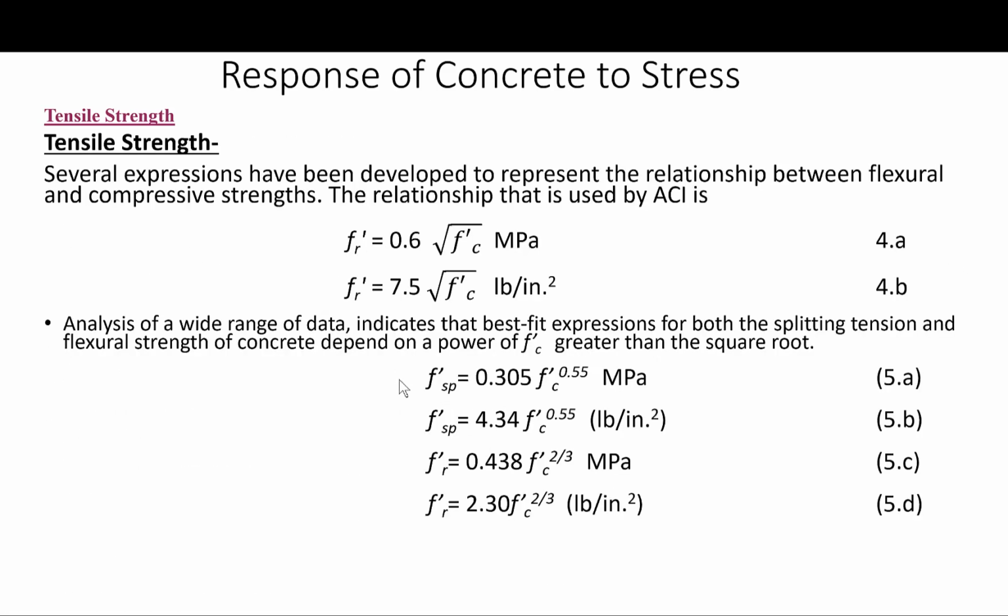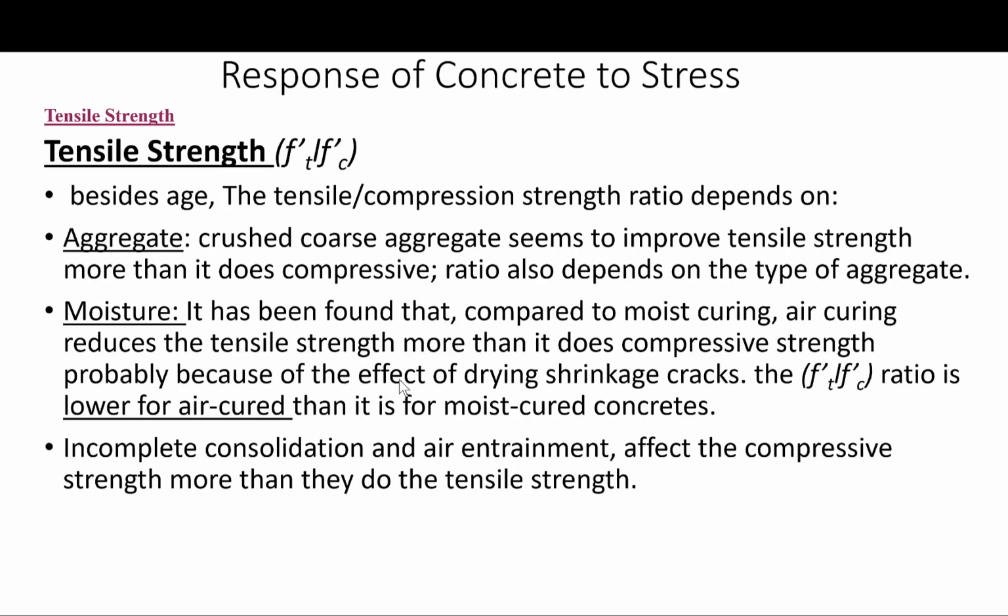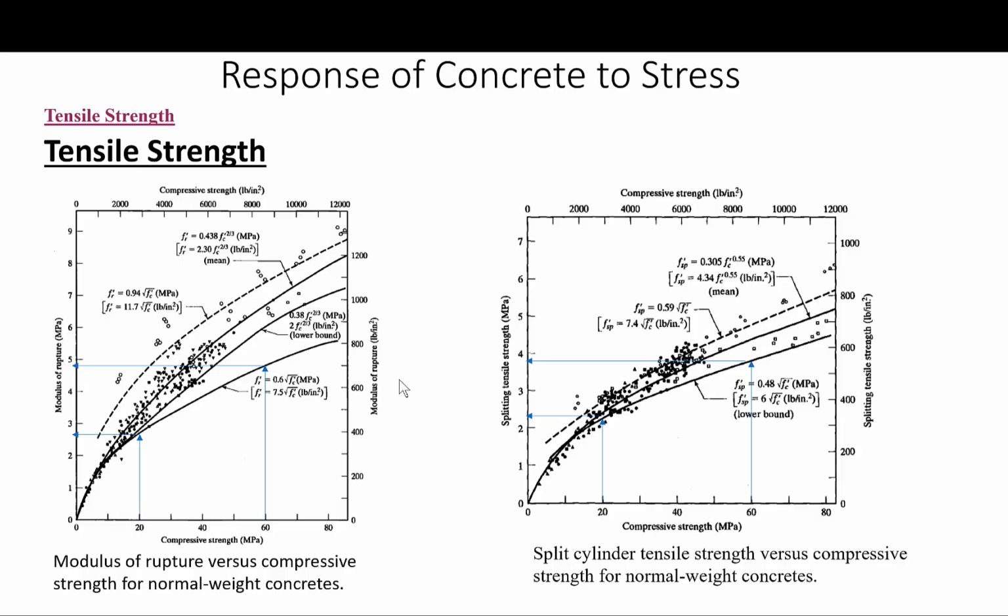As shown in the figures, the actual relationships between the tensile and compressive strength vary widely, and they exhibit really significant scatter. Nonetheless, a certain pattern is established. Still, there is a lot of scatter, as you can see, relating the compressive strength to the modulus of rupture or the split cylinder test. Just something to keep in mind.